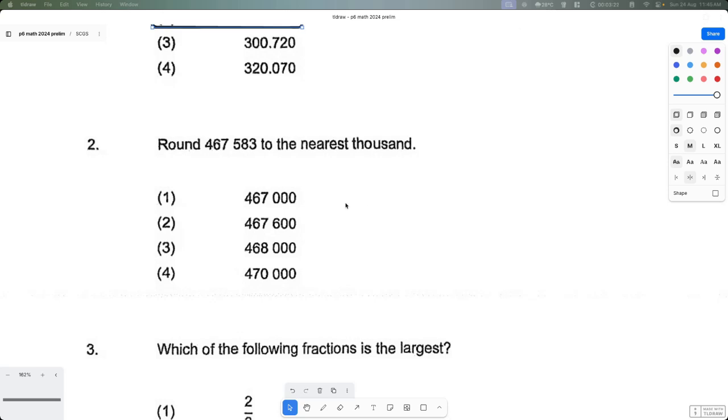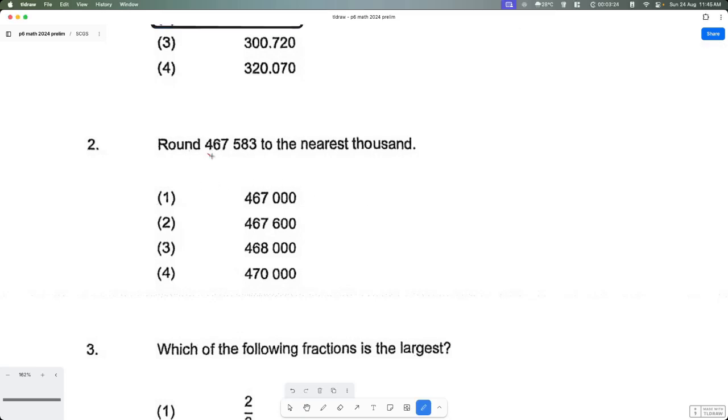Question number 2 says: round 467,583 to the nearest thousand.